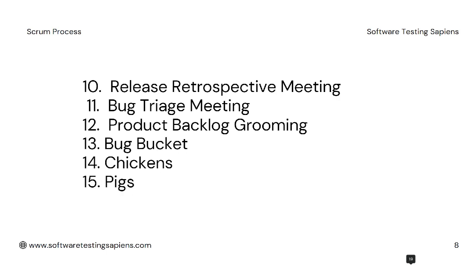Bug triage meeting, 12. Product backlog grooming, 13. Bug bucket, 14. Chickens, 15. Pigs. In the next upcoming video, we will see more about the Scrum process.